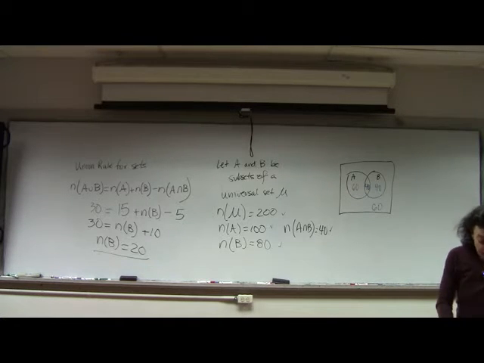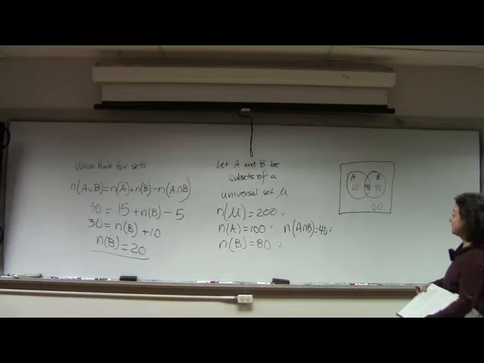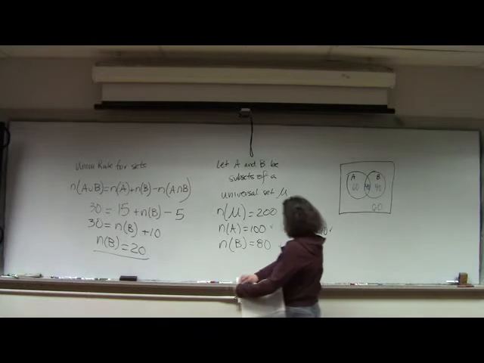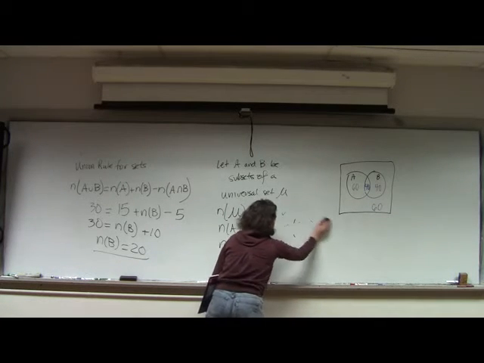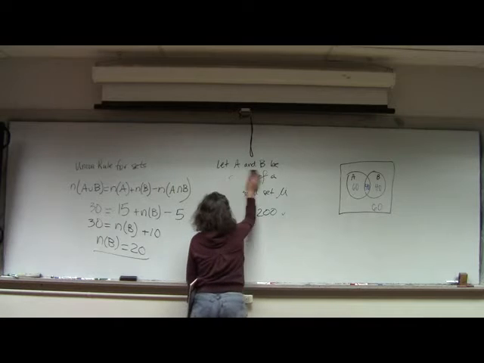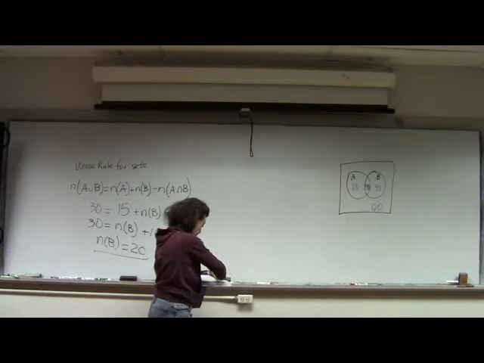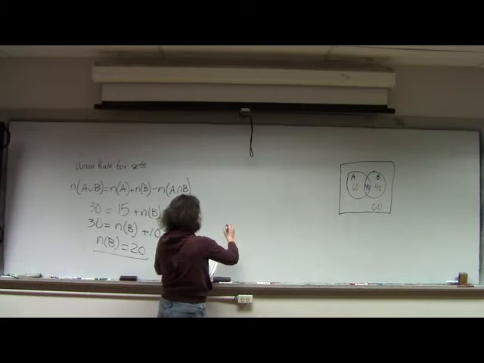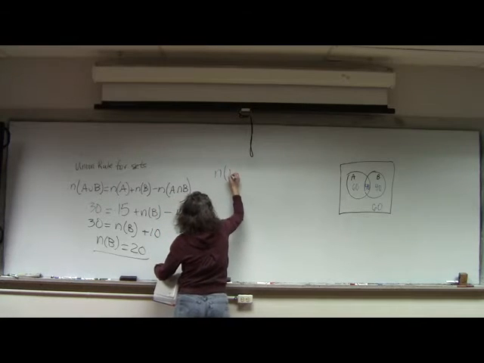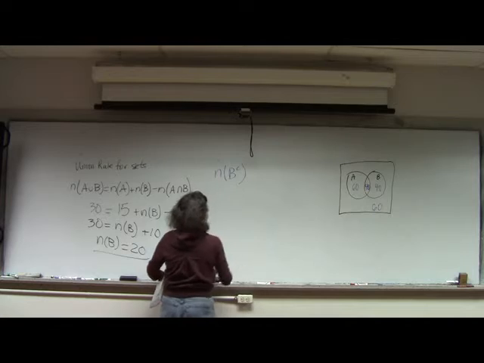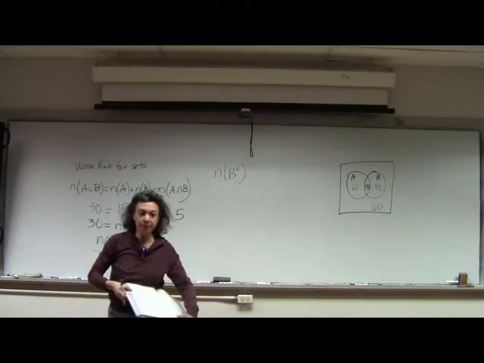Now that we have that, we might as well answer some questions that may or may not be very interesting. But let's do them regardless. Suppose I want to know how many elements are in B complement. Okay?